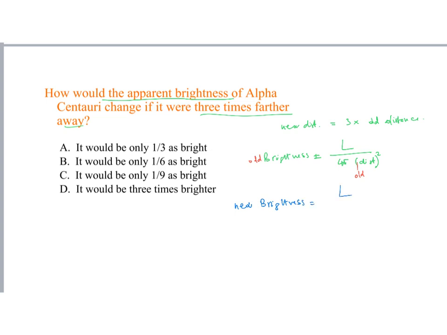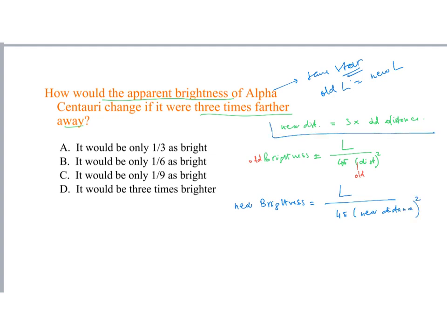It's going to be obviously the same luminosity because intrinsically nothing happened with the star, okay? So we have the same star, so old luminosity is the new luminosity, right? Nothing happened with the star. Now we have the new distance squared. But we have the information about what happened with the new distance, so let's plug it in.